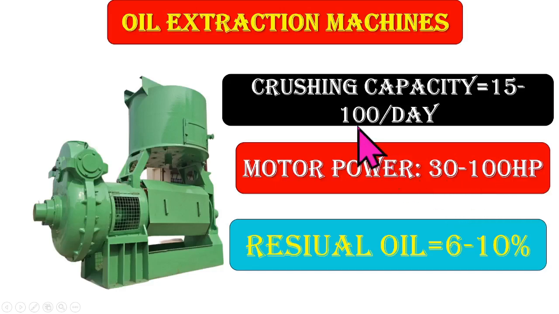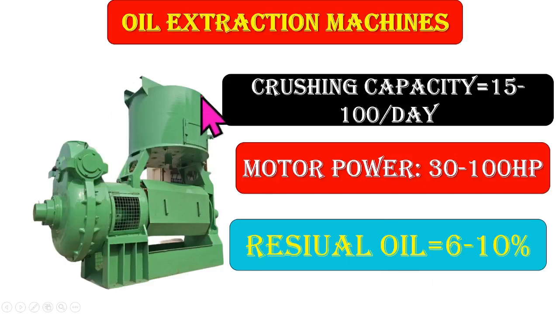If you want to crush 100 tons per day, we have to use 100 HP. If you want 10 or 15 tons, we have to use a 30 HP motor for the expeller. The residual oil in the expeller cake will be less compared to the rotary oil mill, around 6 to 10%.